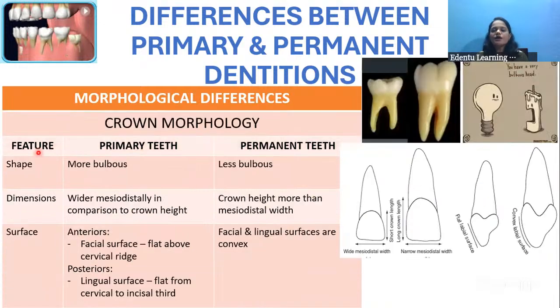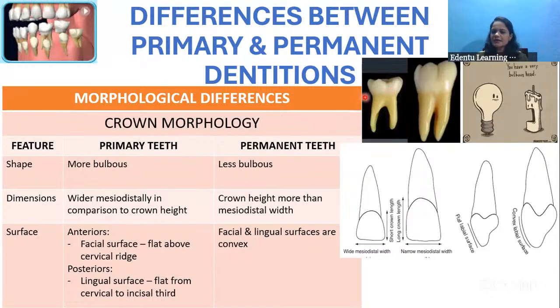Now coming to the crown morphology. Just look at the crown of the primary and the permanent teeth alone. What are the differences that you see? The primary tooth crown will be more bulbous in nature, more bulb shaped. Why bulb shaped?